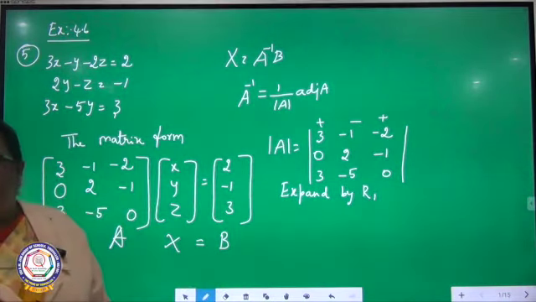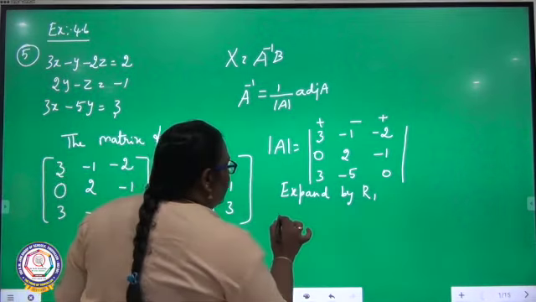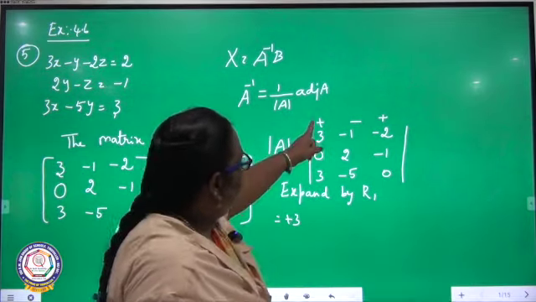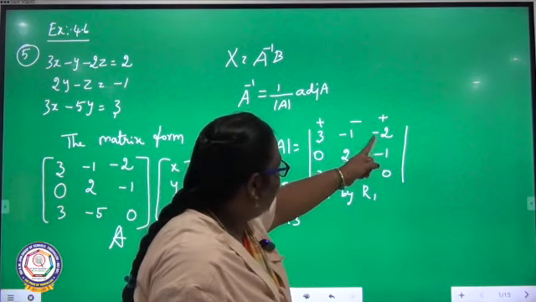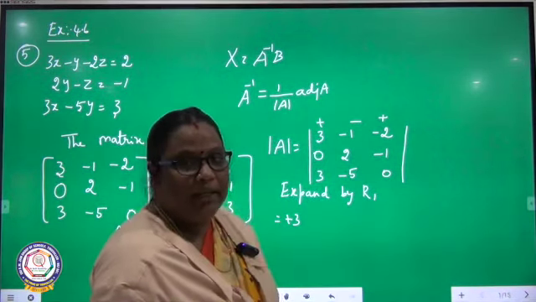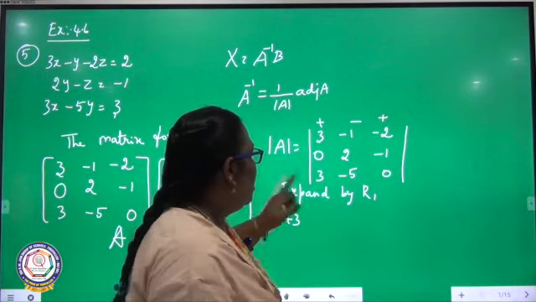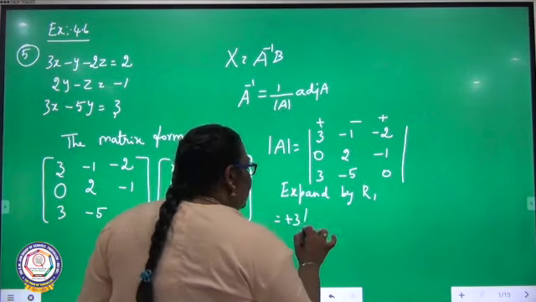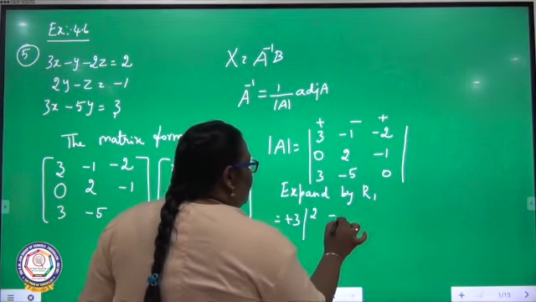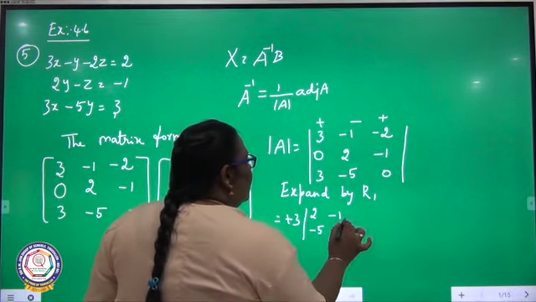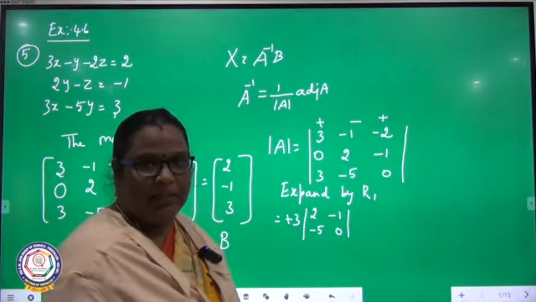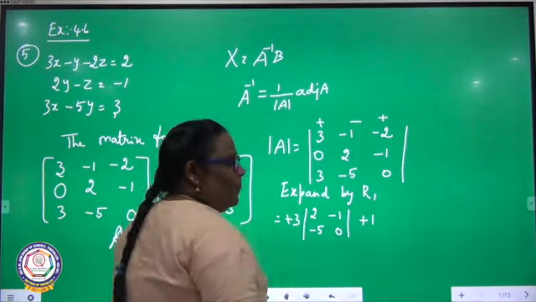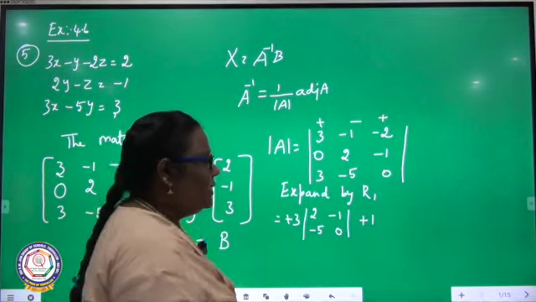See here, plus 3 into, you delete that row and column. What is the remaining 2 by 2 minor? 2, minus 1, minus 5, 0. Minus into minus 1 becomes plus 1.